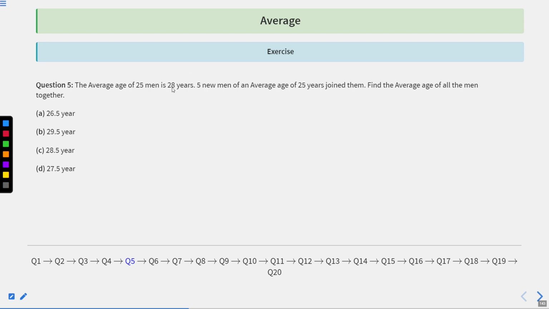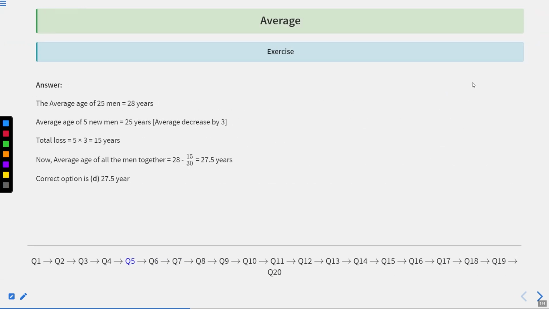The average of 25 men is 28 years. If 5 new men of an average age of 25 years join them, then find the average age of all the men together. So let us see the solution.